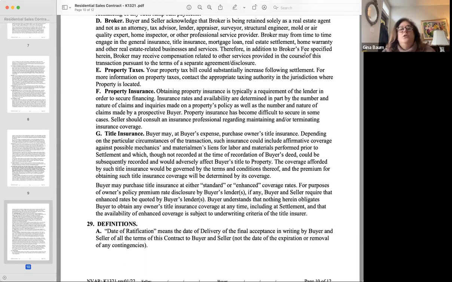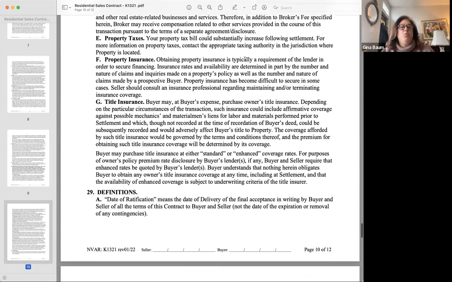Therefore, in addition to the broker's fee specified herein, broker may receive compensation related to other services provided in the course of this transaction pursuant to the terms of a separate agreement/disclosure, and that is our business affiliation agreement, which we provide to everyone, right?